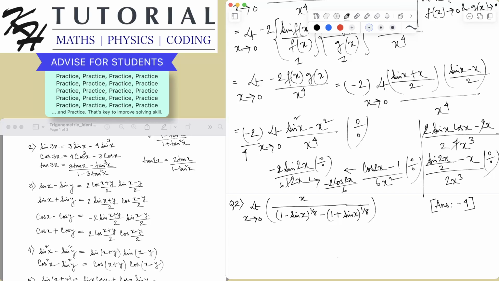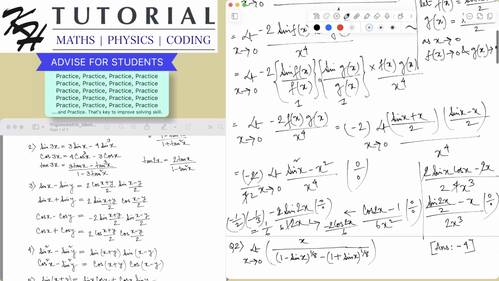This is minus cos 2x by 3. Now cos 2x will tend to 1 when x tends to 0, so it will be minus 1 by 3, and outside the limit we have minus half. So minus half multiplied by minus 1 by 3 is equal to 1 by 6.